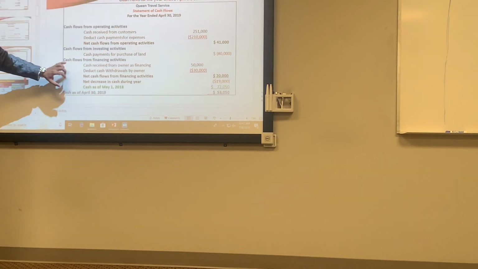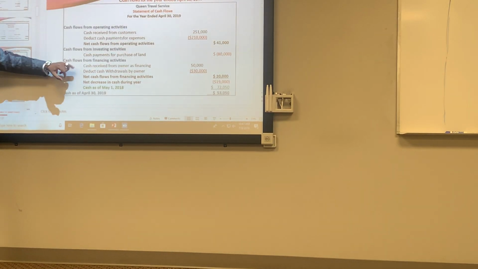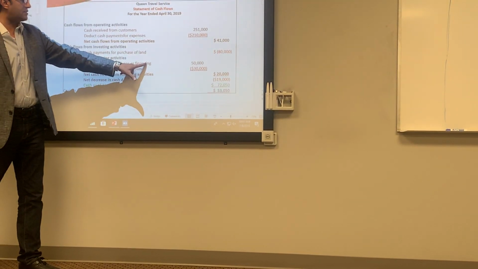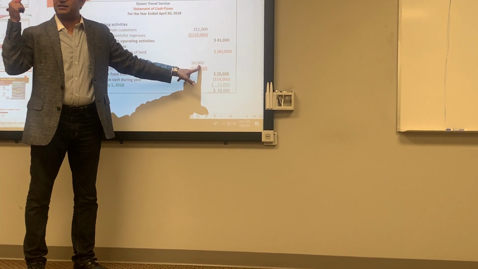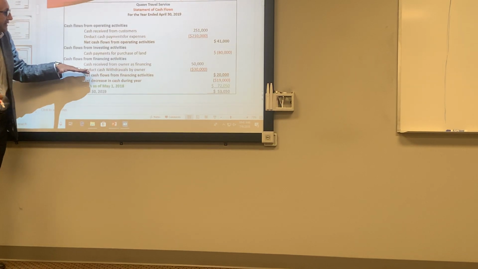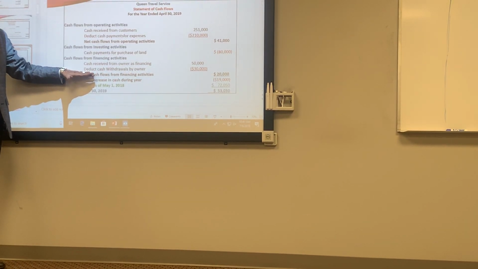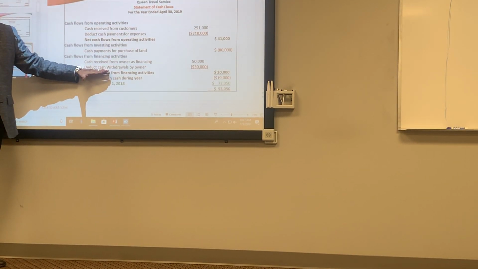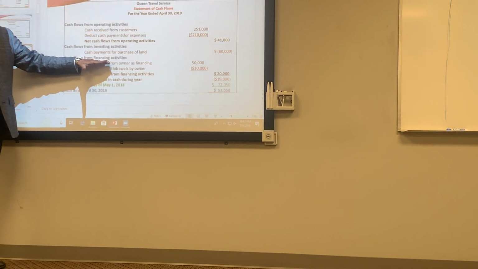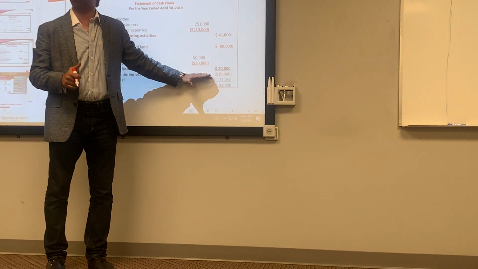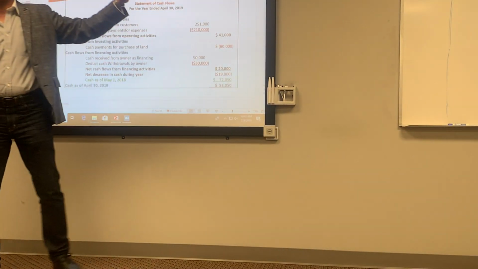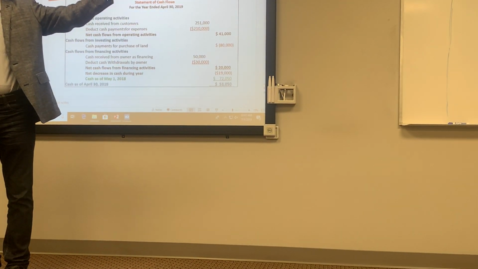So under this section, cash flow from financing activities, $50,000, as we saw before in the table, and deduct any withdraw, because under this financing section you deduct withdraw. How much is the withdraw? Do you remember? 30,000. We used this number in the owner equity.